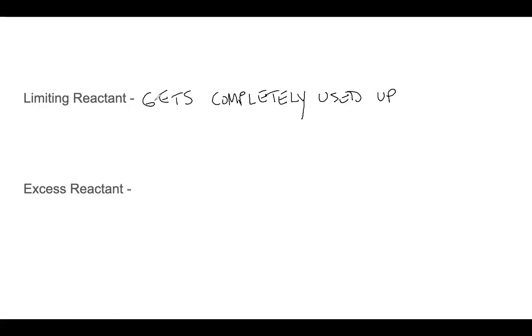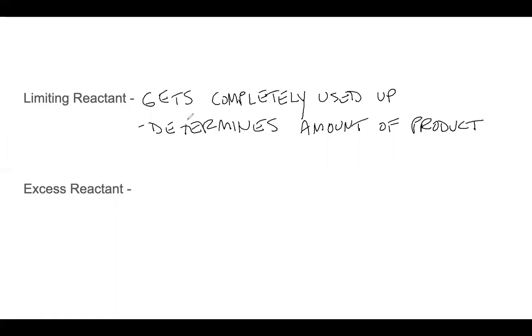And our limiting reactant then determines the amount of product that we actually can get. So this determines the amount of product. And it also determines the amount of the excess reactant that gets used up.